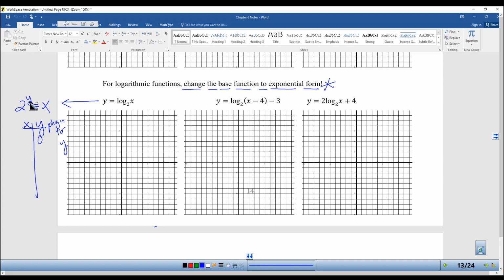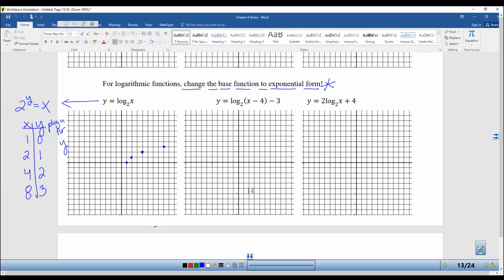So when y is 0, anything to 0 power is 1. When y is 1, 2 to the 1 is 2. When y is 2, 2 squared is 4. When y is 3, 2 to the third is 8. Of course, don't forget that even though I plugged in 3 and then got 8, you still have to put it on the graph as (8, 3).